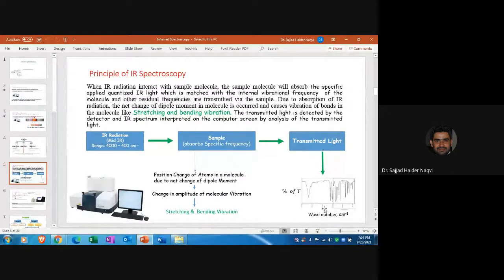So this is a typical graph of percentage of transmittance versus the wave number. And this particular graph is the tool by which you're going to determine the structure of the molecule, the nature of the molecule, the isomer of the molecule, the number of the bonds, and so on and so forth.